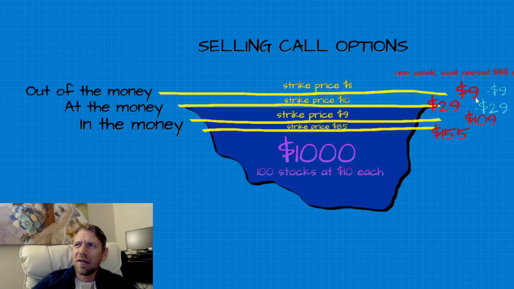So instead of $9, it could be $50, it could be $90. The size of this premium, the fatness, the juiciness of this premium tells you that there is some kind of an event that traders are anticipating, and that is why the premiums are going up in price. The volatility, or the amount of movement the stock is anticipated to have in the next week, is very large.